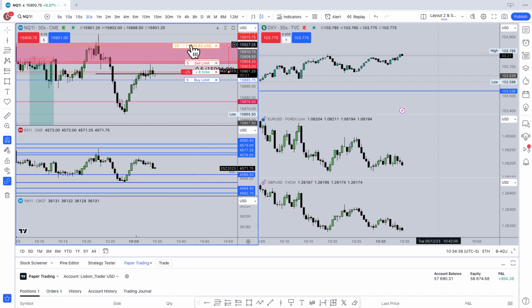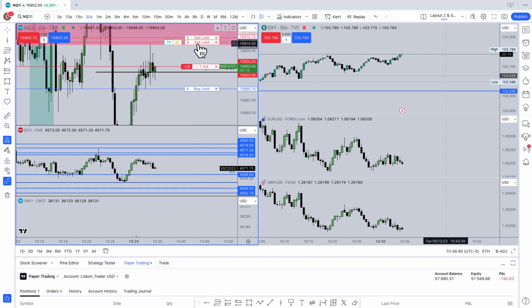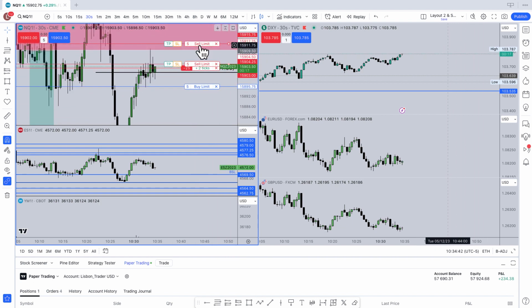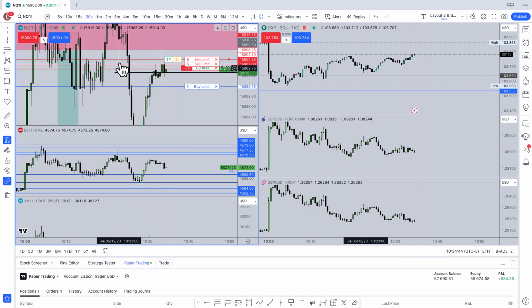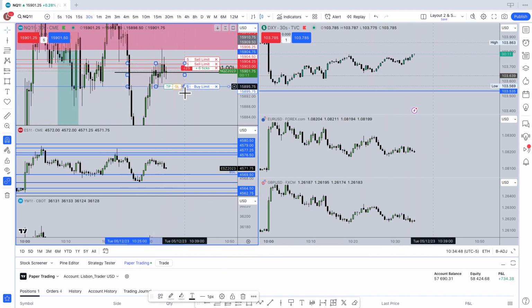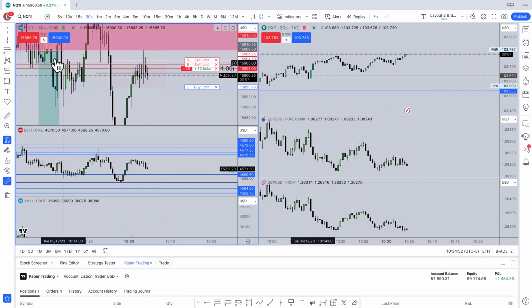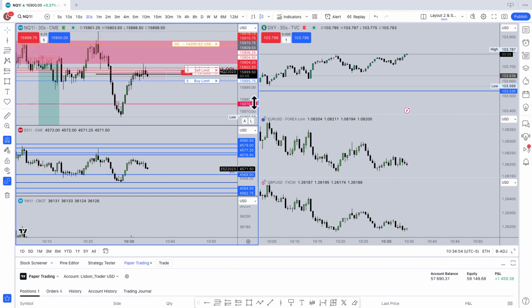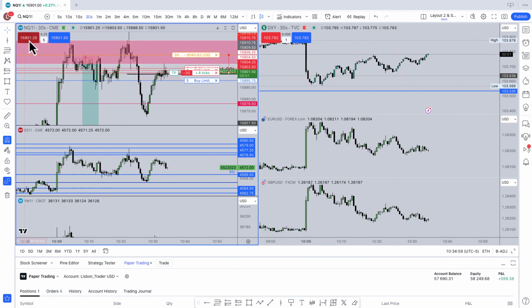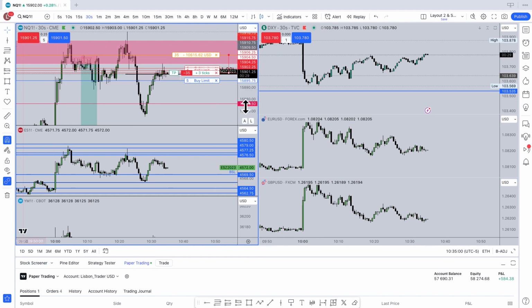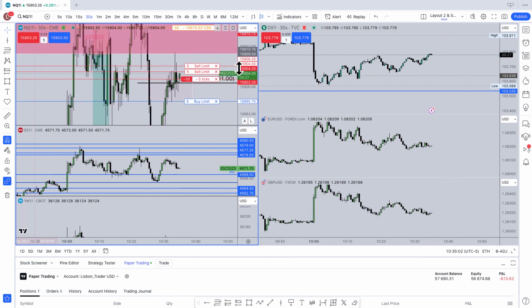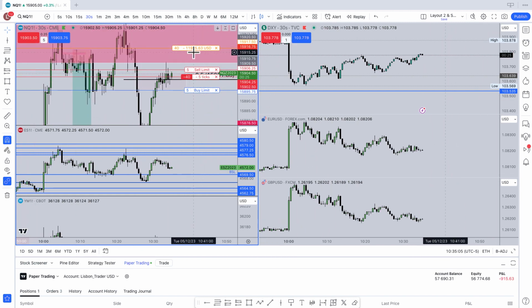So we can still afford some sells above this level. So I'm buying inside this zone. Sorry, I'm selling. And I want the risk to be on top of that candle and build 17,000 total risk.